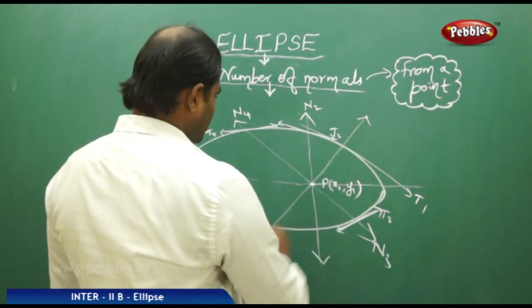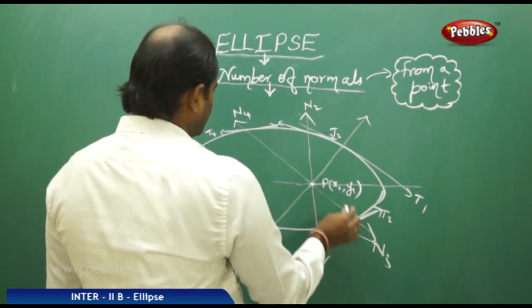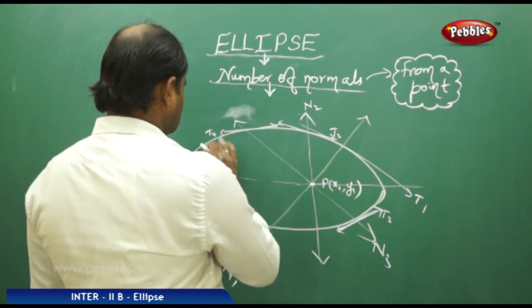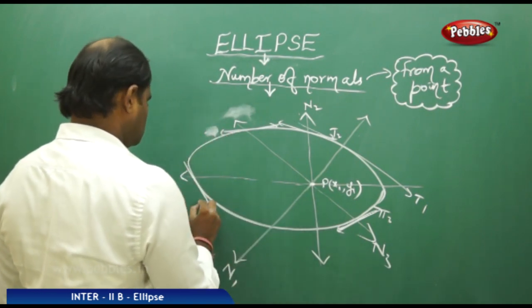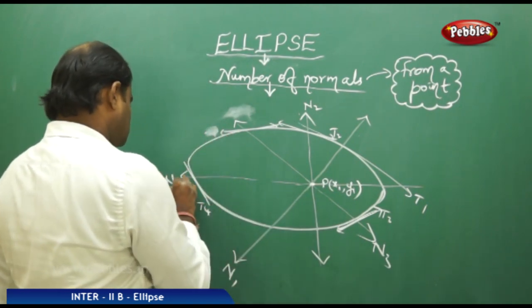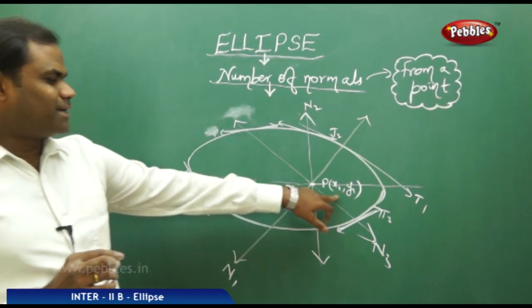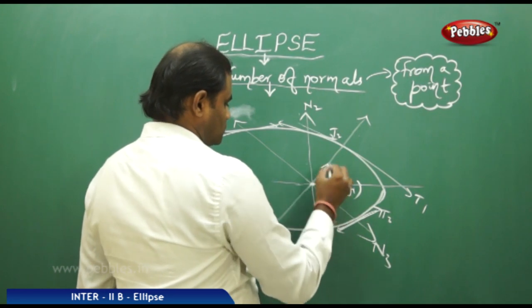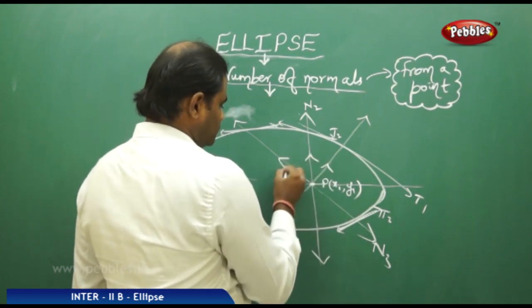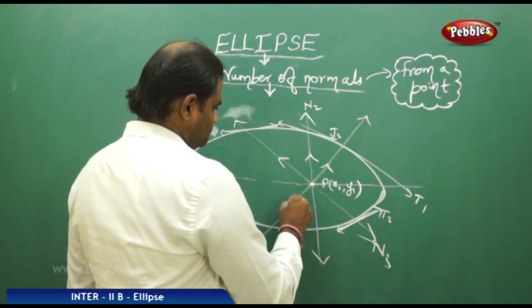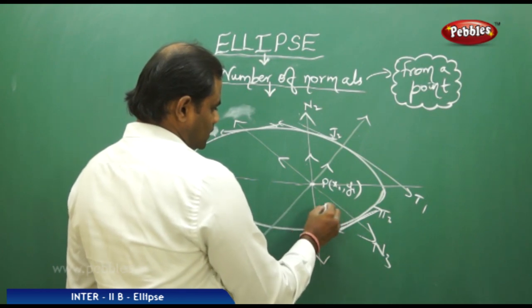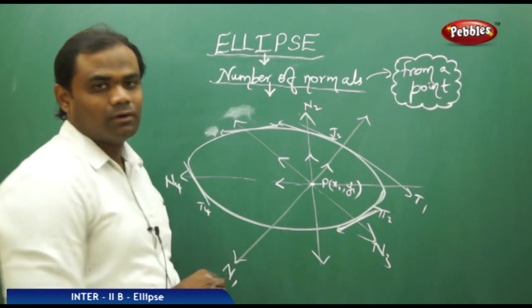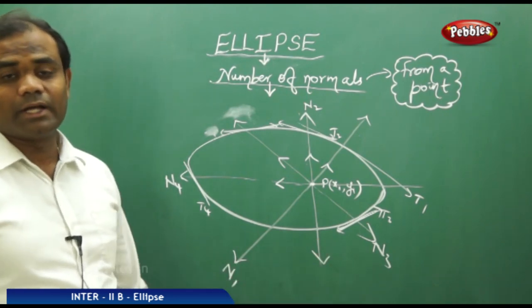So n1, n2, n3 and n4. From a point P(x1, y1), I can at the most draw 1, 2, 3 and 4. So these are the 4 normals which I can draw from a point P(x1, y1) at the most.